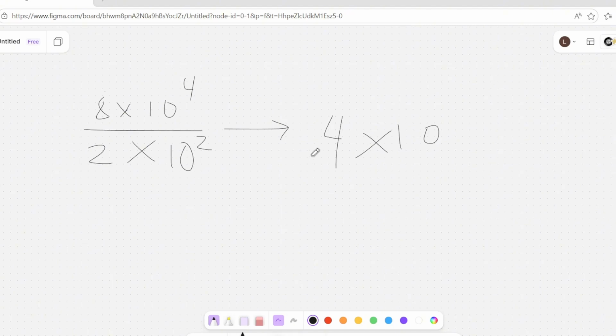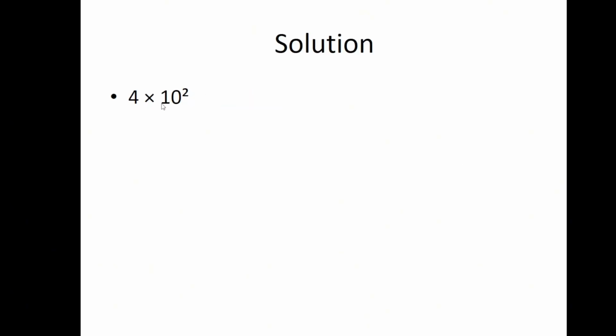And then in our previous topics, when dividing same bases, copy the base and simply subtract the exponents that they have. So 4 minus 2 is equal to 2. So the answer is 4 times 10 raised to 2. Let's check if our answer is correct. Okay, so our answer is the same as our solution.